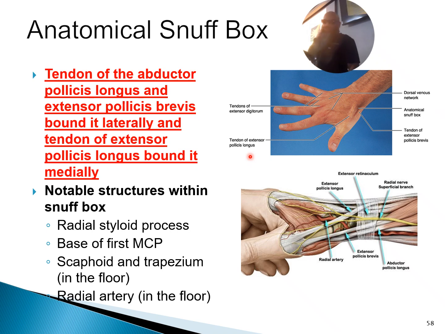So the snuff box, obviously, you got these structures in there. Scaphoid is in there, radial artery, but these tendons, the tendon borders, is what I'm really concerned with. This is great that you see it here in this dissected or degloved part of the person's skin, but surface anatomy-wise, you need to palpate this area.